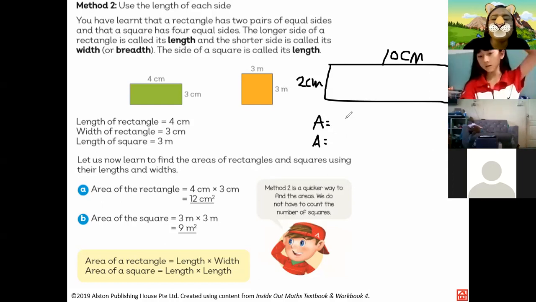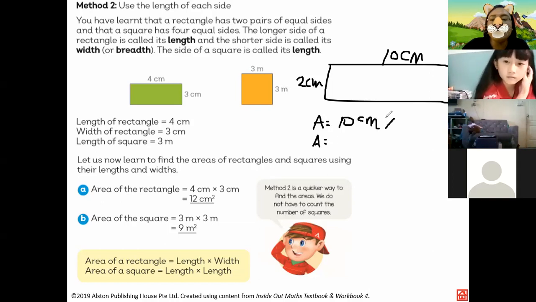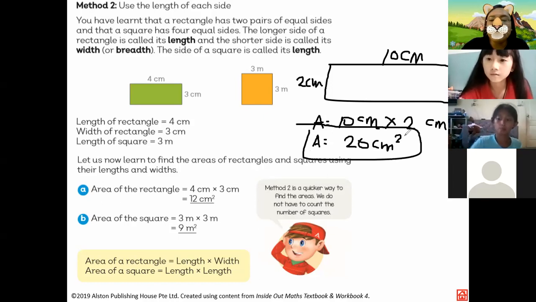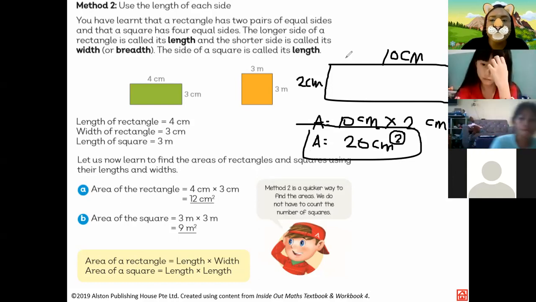Okay, very good. That's 20 centimeters squared. So 10 centimeters multiplied by 2 centimeters, that's 20 centimeters squared. Don't forget the squared. Okay, another example.